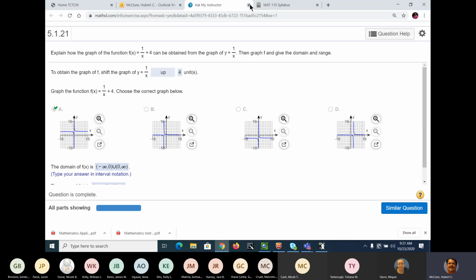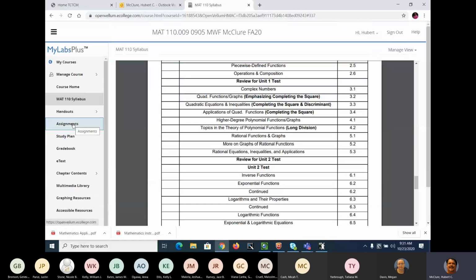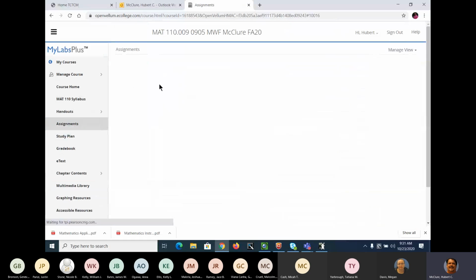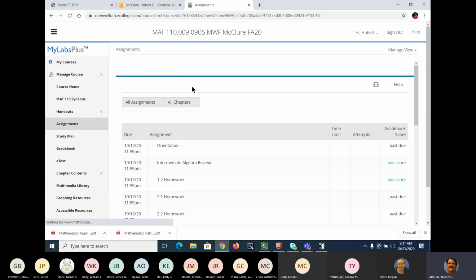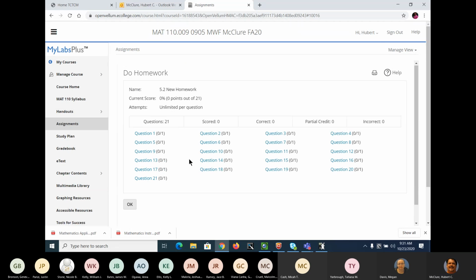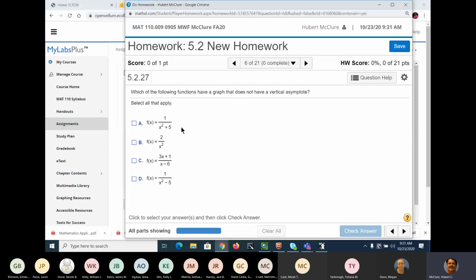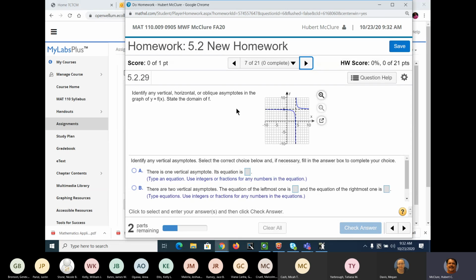All righty. So let's go back to vertical and horizontal asymptotes. I think it was 5.2. So let me look in the 5.2 homework and see if I can find a problem or two that might be on the test. Let me see if I can find one that just says find the vertical and horizontal asymptotes.